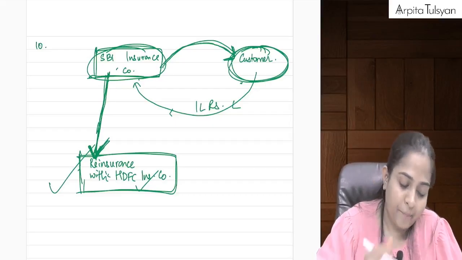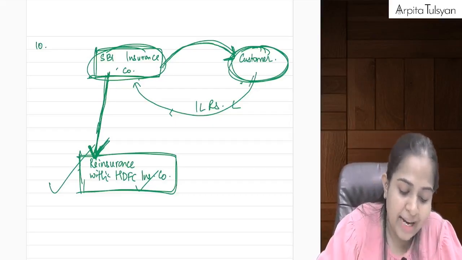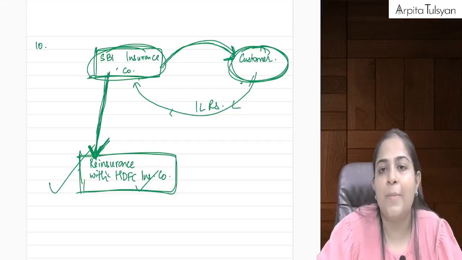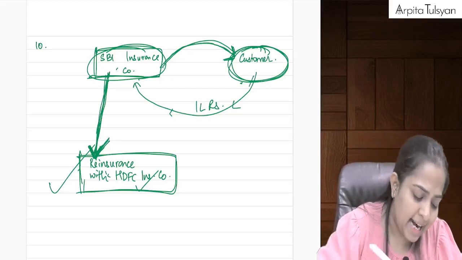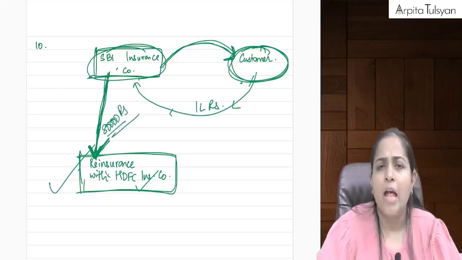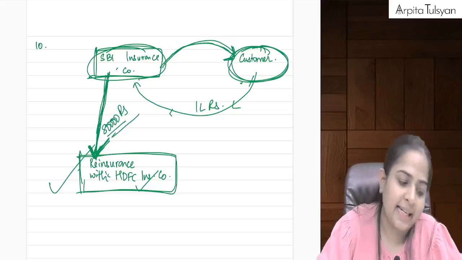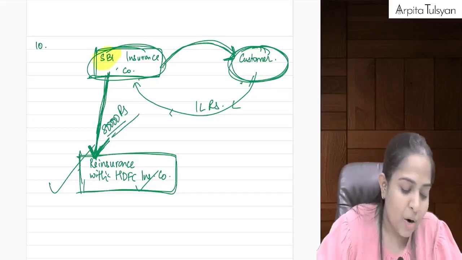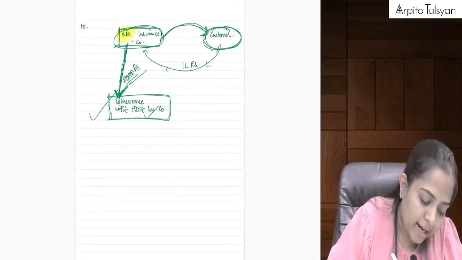Let's say we have taken 1 lakh rupees from the customer, but when SBI enters into an agreement with HDFC Insurance, it says I can give you a premium of only 80,000 rupees. The contract is obviously set that way, otherwise it will be a loss for SBI Insurance Company, right? So can we say here there are two contracts?